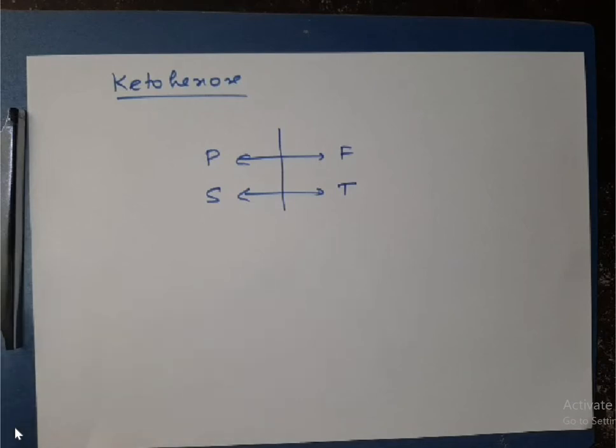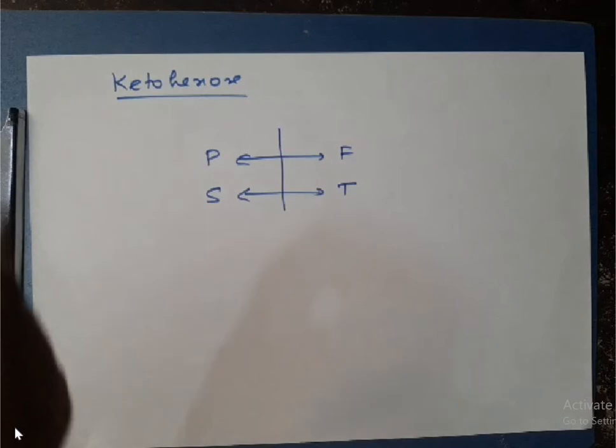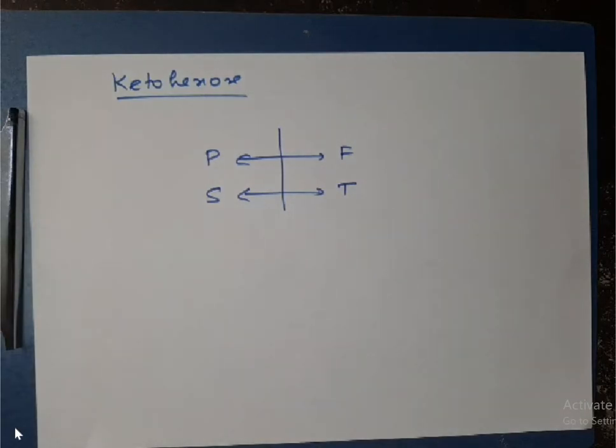In all these compounds, C2 contains the carbonyl group. It is not a chiral center. So there won't be any C2 epimers here. If you see all the ketohexoses, the second carbon contains the carbonyl group, the keto group.